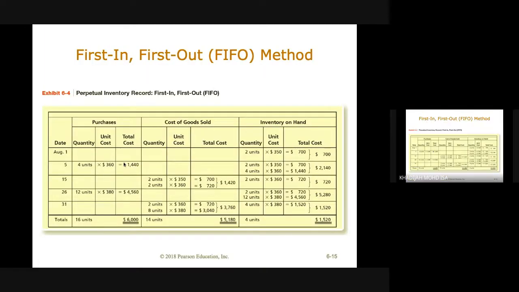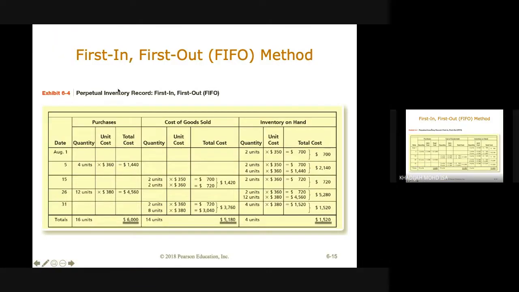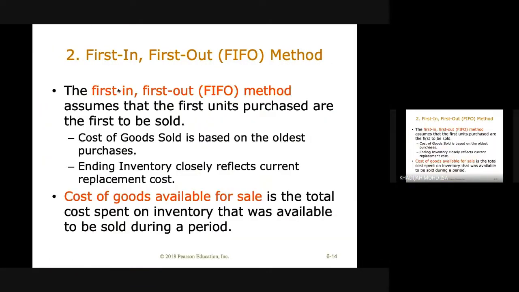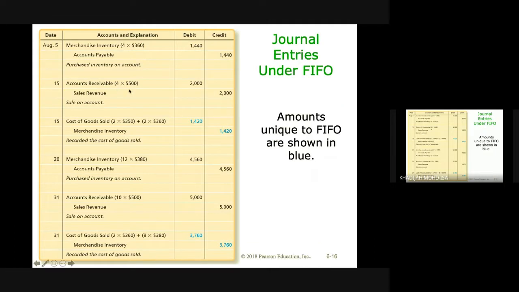So when you make a sale on the 15th of August, how are you going to record that? Remember that you have to record two things. One is the cost of goods sold, the other one is the sales itself. So you have to record accounts receivable. In this case, we say that you sell the item. Where's the information about the item? It's not said here, but the example shows that you're going to record the account when you make sales, right? Sales is always at the selling price.